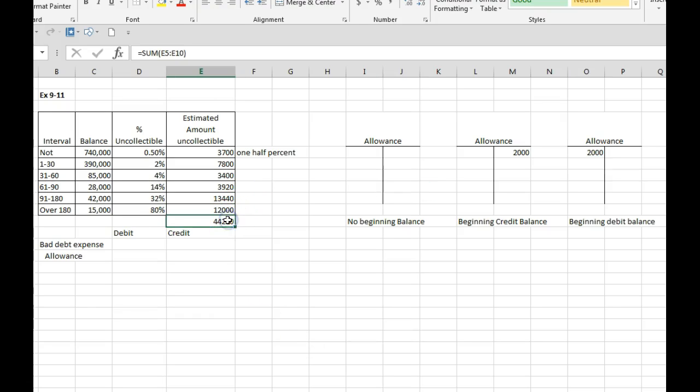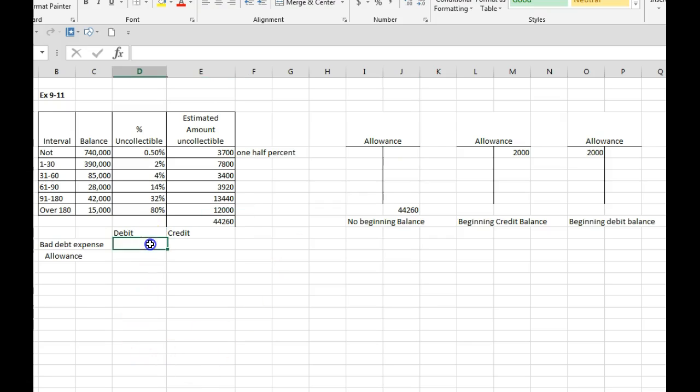This is the answer for exercise 911, period. The rest of this is going to be an explanation. In the first scenario, if there's no beginning balance, and I want the balance to be 44,260, and this typically has a credit balance, what do I have to do here?